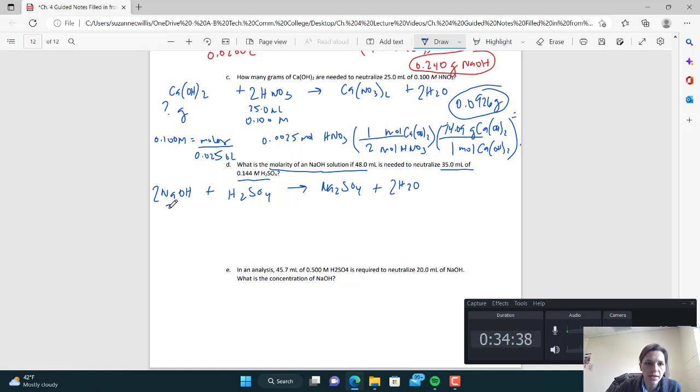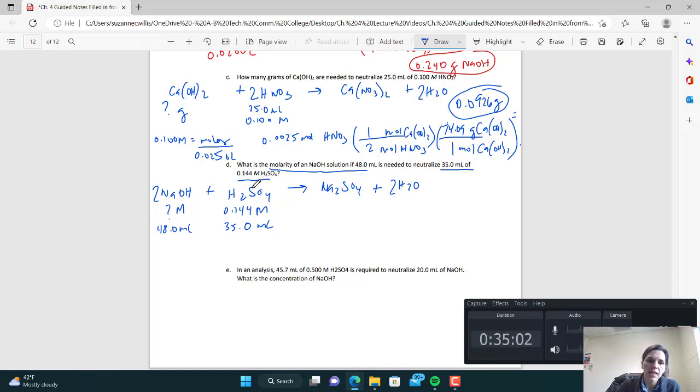So we're looking for molarity of sodium hydroxide. We know that it required 48 milliliters of him to neutralize 0.144 molar of H2SO4 using 35 milliliters of him. So who do you know more about? You know more about the acid, right? So we use our molarity equation to find moles.